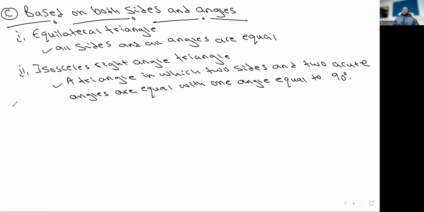Okay. Number three, the next one is the obtuse isosceles triangle. So in an obtuse isosceles triangle, this is a bit different.